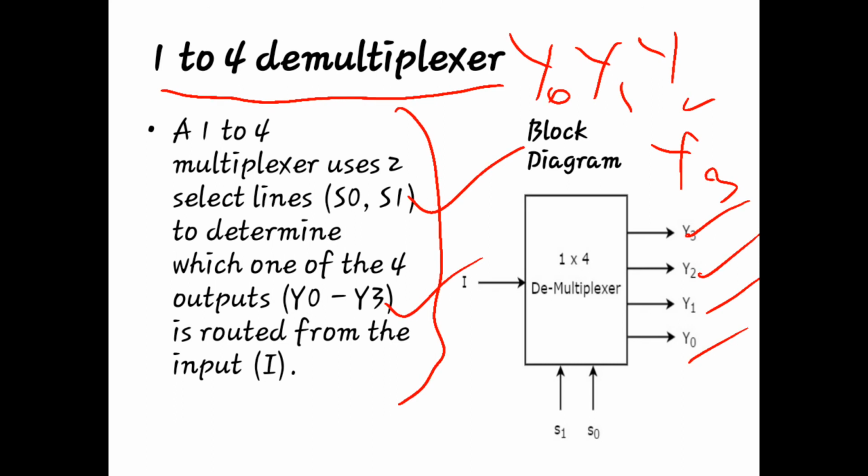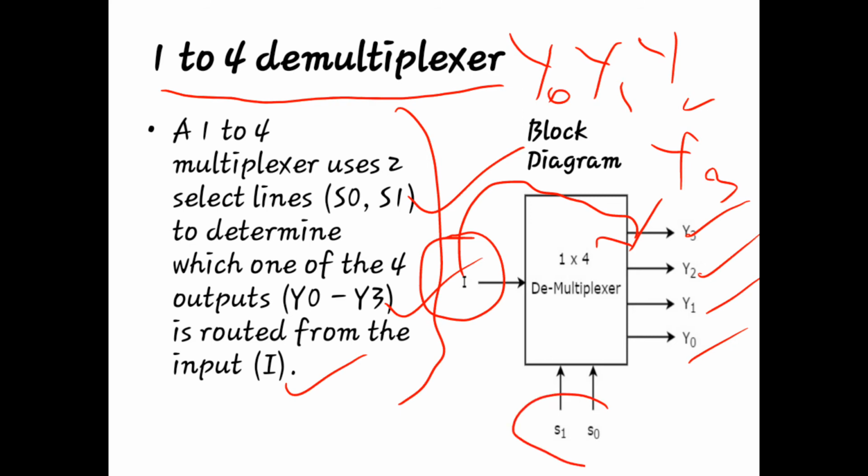And there will be a single input, let us say it is represented as I. So this input I is going to be sent on or routed to any of the output lines depending upon the status of these select lines.